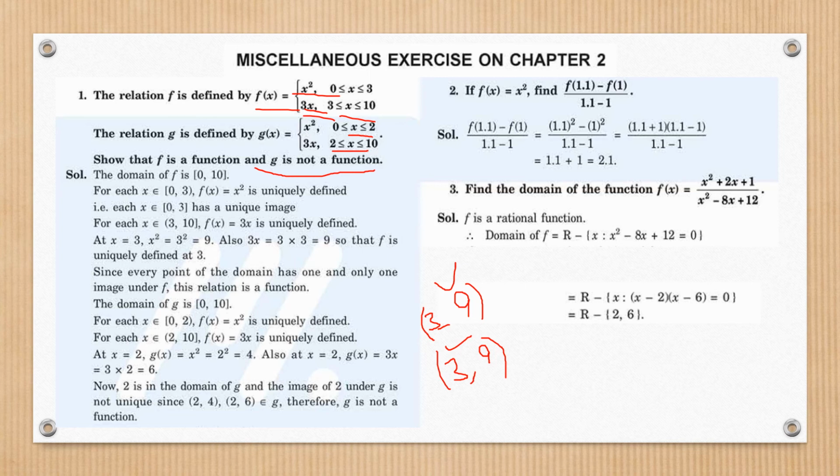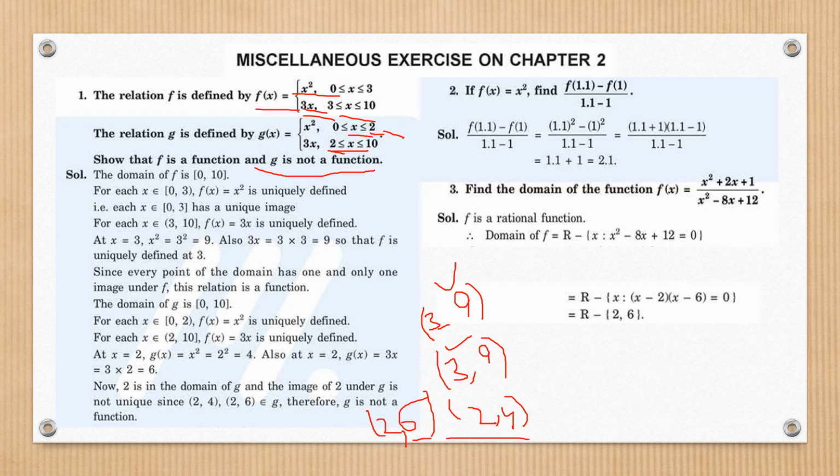Now for the second one, see, 2 is repeating. It means the value at 2 is defined both ways. When I make the ordered pair with 2 for x square, it is (2, 4), since 2 square is 4. Whereas for the second one, it becomes 2 into 3, that is 6. So (2, 6) and (2, 4).